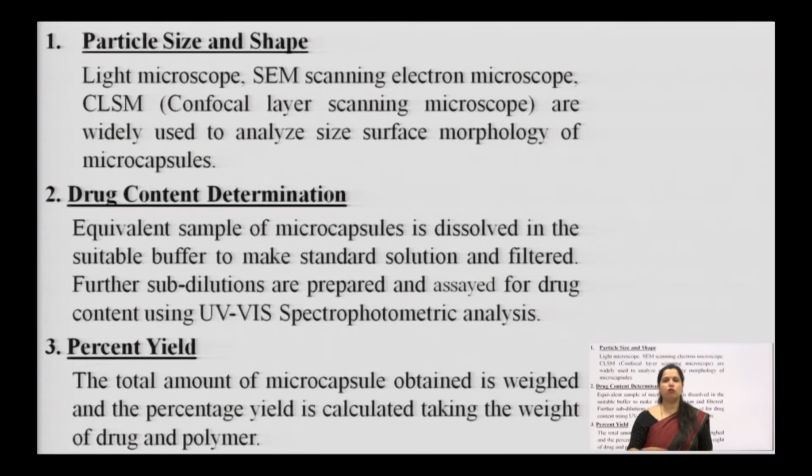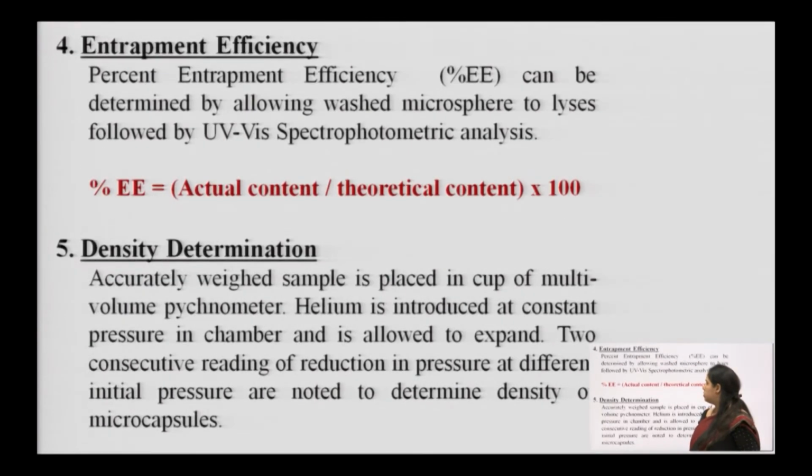So, according to your specification you can choose your method of preparation. So, this is how we can calculate percentage yield: how much quantity of drug as well as polymer we have taken during the manufacturing process, and how much quantity we have got after the manufacturing process.